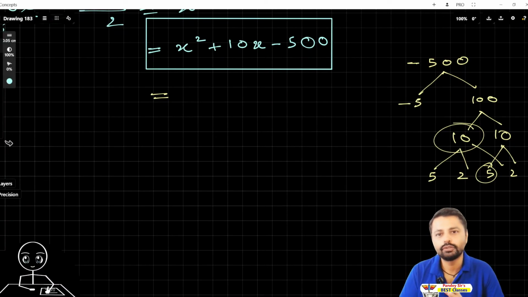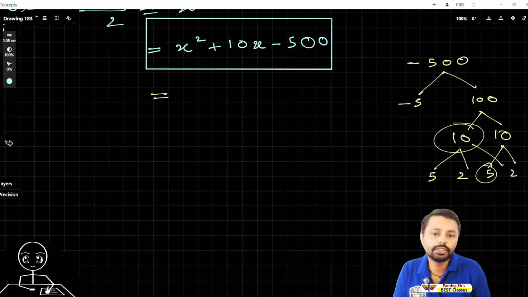What do you think? It could be solved. Let's do it with the discriminant method. D equals b squared minus 4ac, to find out whether there is actually a solution or not.